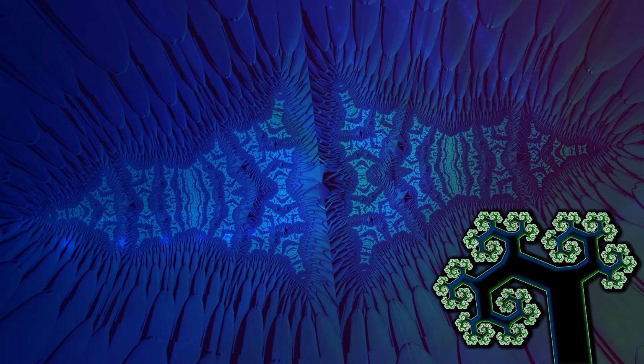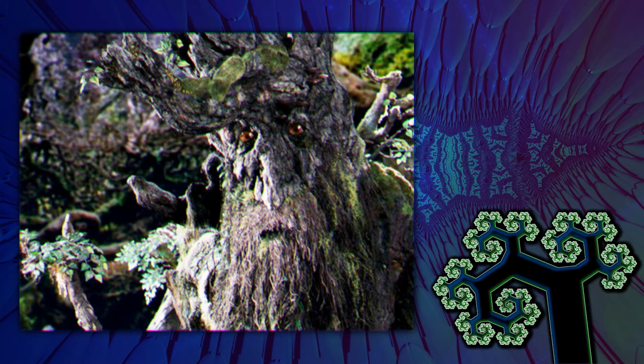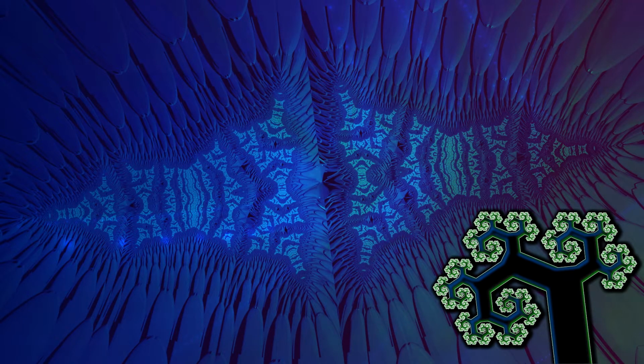But now let's ask the question, if a tree falls in the forest and nobody is around to hear it, what does it identify itself as? Unless we're talking about Ents from Lord of the Rings, this might not necessarily be a very useful question. Because as far as we know, trees aren't sapient and aren't able to identify themselves.